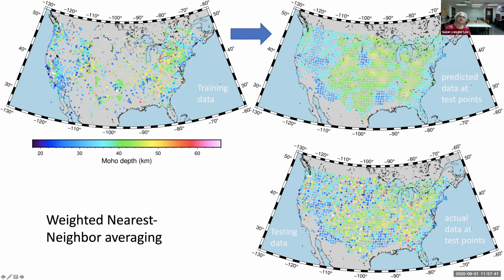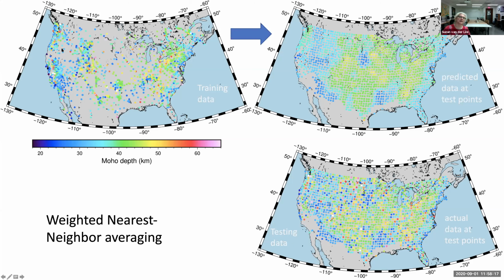I'm going to assume squared exponential functions, Gaussian functions, and depending on how far away these dots are, I'm going to take these MOHO depth values weighted by the function value at my point of interest, and then add the influences from all these other points, again weighted by the value of the squared exponential function that depends on the distance. And then I'm going to divide by the sum of all these function values so that they add up to 1. And then I'm going to estimate my point right here.